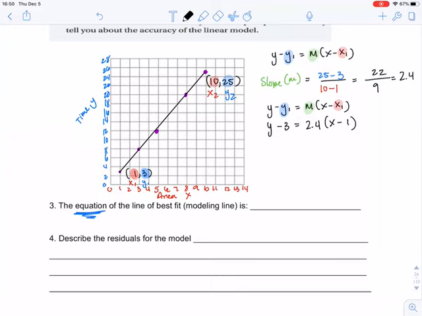Okay, so I can simplify this equation. y minus 3 equals 2.4x when I multiply and distribute, minus 2.4.